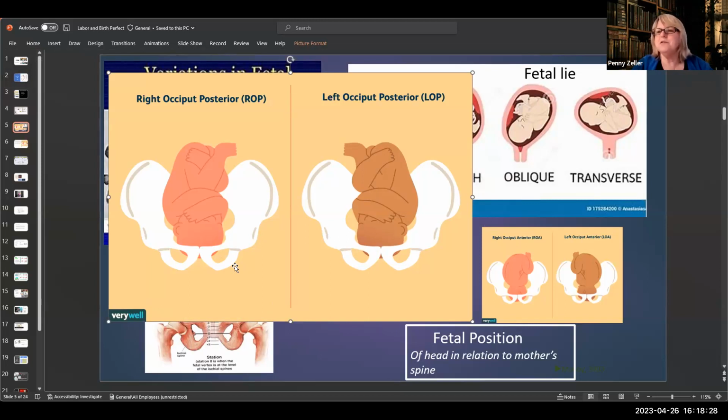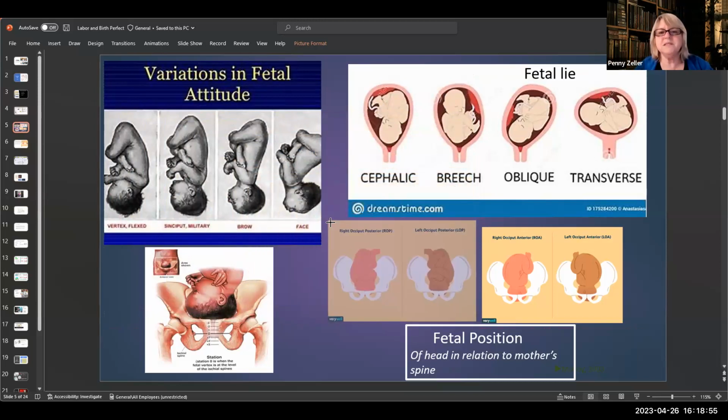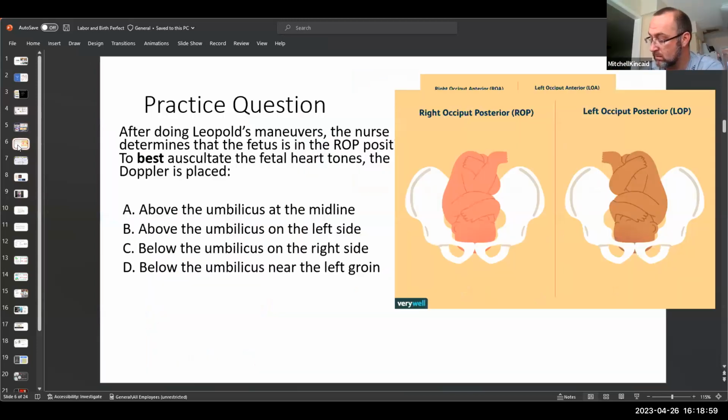It's pressing against mother's spine, so she's going to have back pain. The occiput is on the right side or the left side, and it's facing backward, up against the spine. So it's a posterior position. It still is a good choice for labor. It's just not as comfortable. So that's the position of the baby.